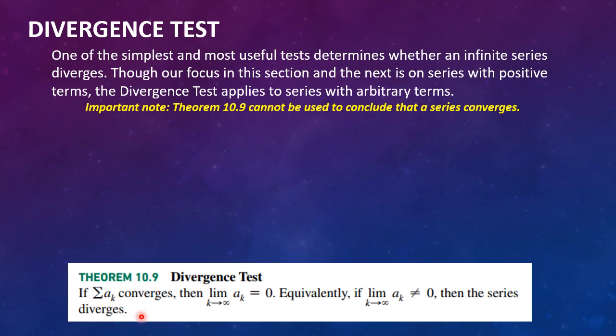But you can't use that to conclude that the series converges. By corollary, if each of those members does not go to 0, then the series diverges. So this isn't a convergence test. If you find that the members go to 0 as you go to infinity, it's not necessarily convergent.